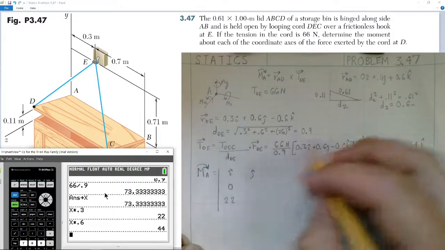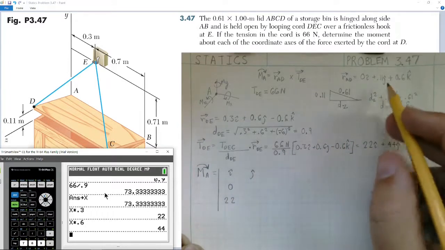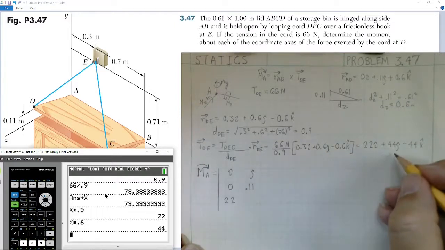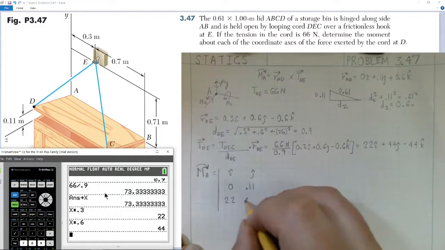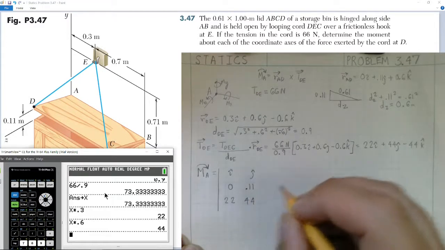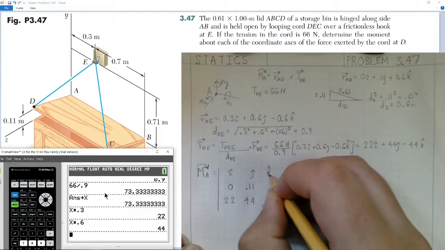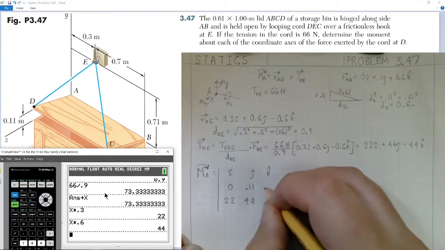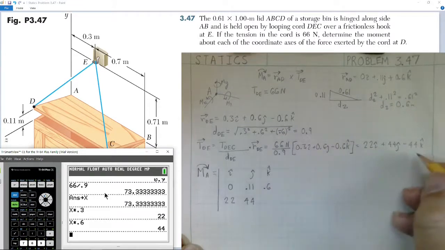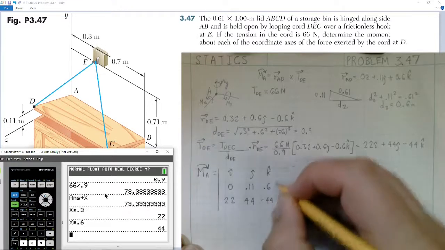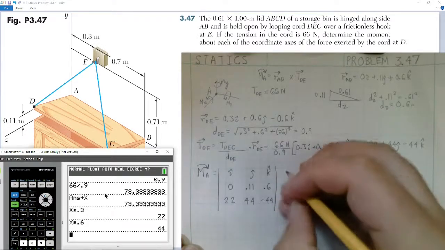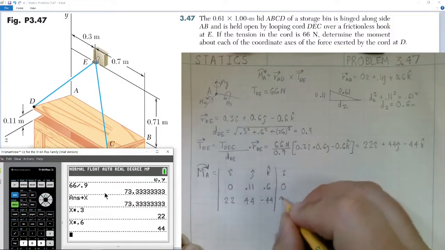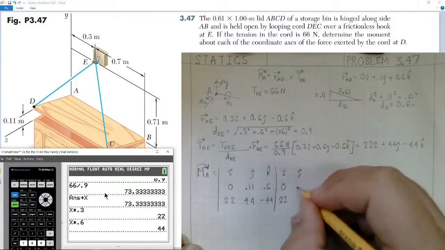In the j hat direction, we have a component of 0.11, a tension component of 44, and then we have our k hat column, which would have a component of 0.6 for the position and negative 44 for the tension. We're going to rewrite the first two columns and then find the solution for our moment.